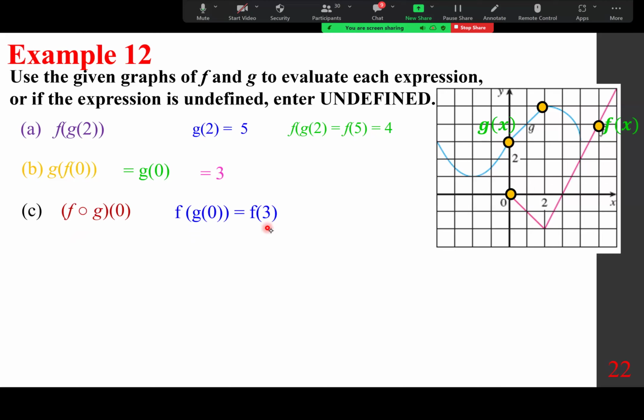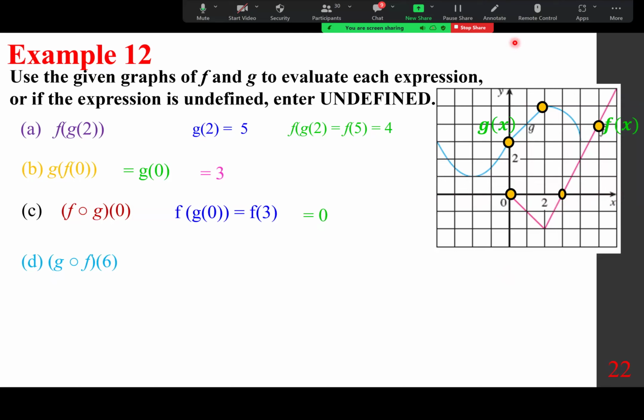So we want f of 3. F is the red one, locate the 3. And 3 has a y coordinate 0. So again, 1, 2, 3, 4, 5. You can put the numbers along the x and the y-axis if it makes it easier.